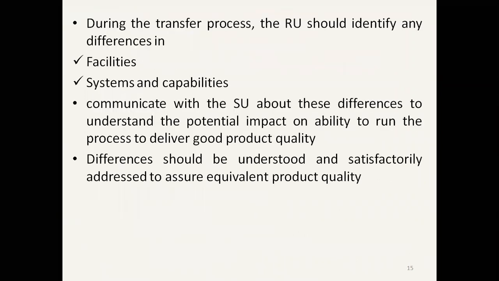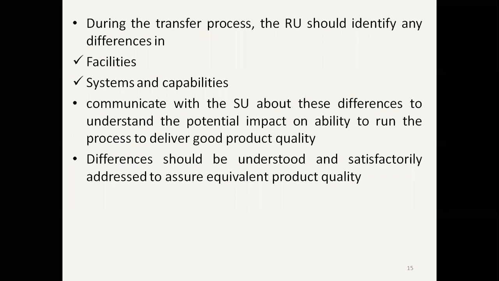Then during the transfer process, the RU should identify any differences in the facilities or system capabilities, and communicate with the SU about these differences to understand their impact on our product or the quality of our products.